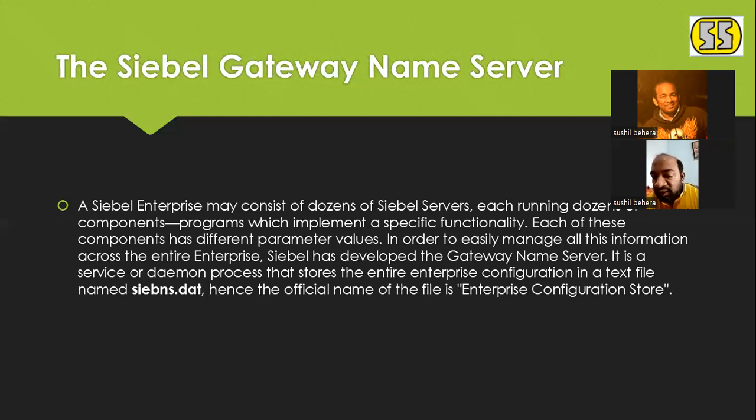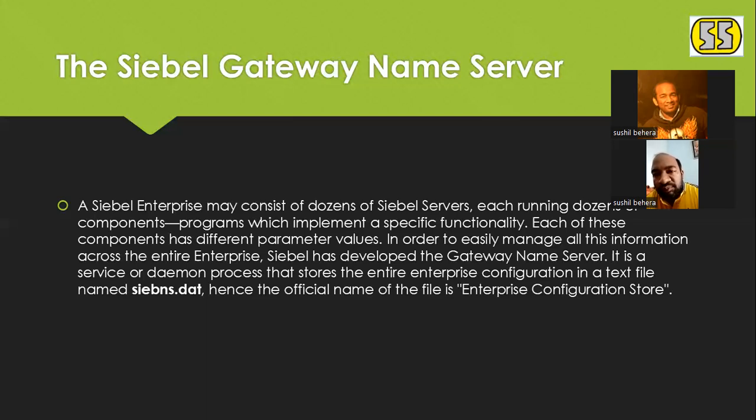So while the Siebel server is coming up, it will not be able to find the server component details. So the flow is: we bring down the Siebel server first, then the gateway name server, and we bring up the gateway name server first, then the Siebel server.